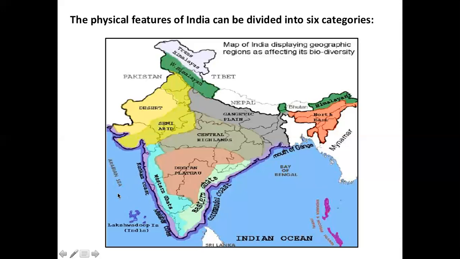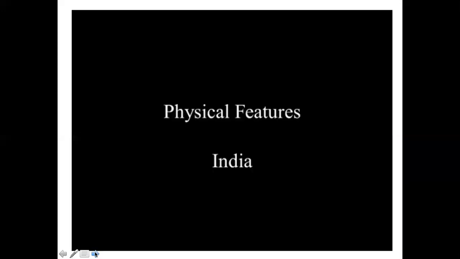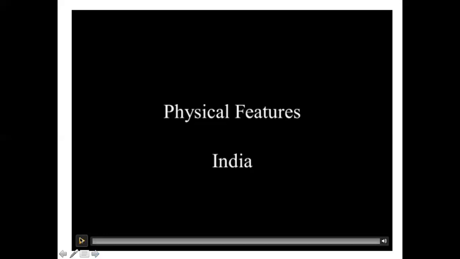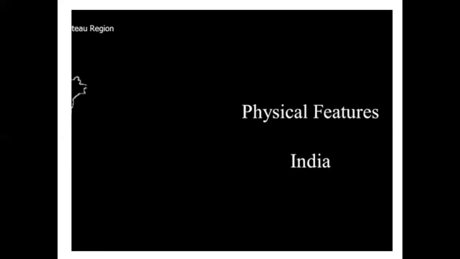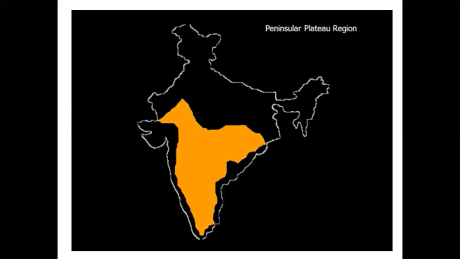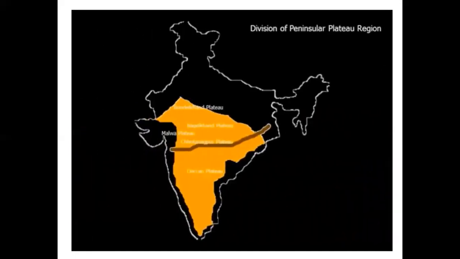Now with the help of one slide, we will see these in more detail, and it will be easy for you also to understand the exact location of all these physical features of India. So the yellow color that you see is the Peninsula Plateau region. Then it is further divided to make the study easier.